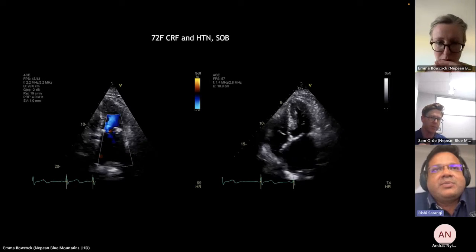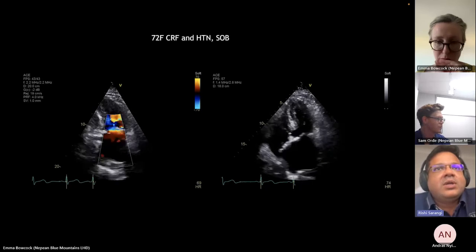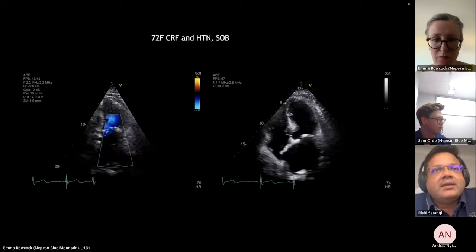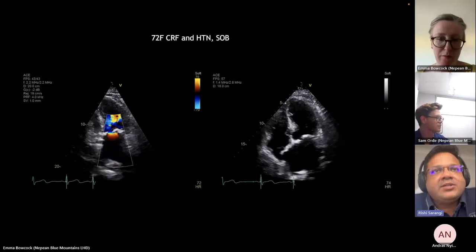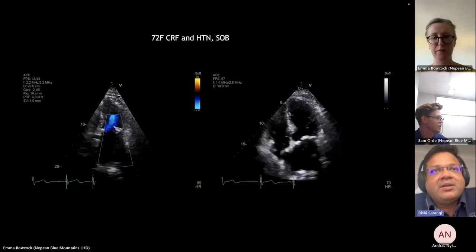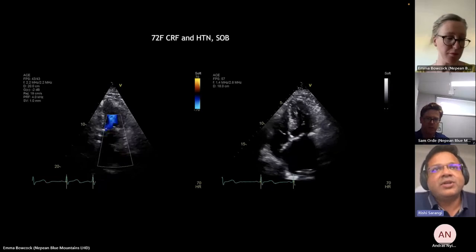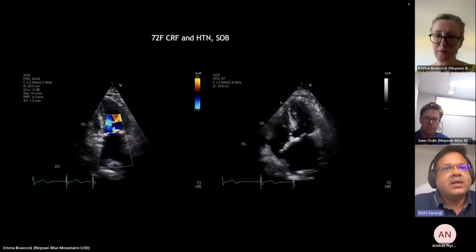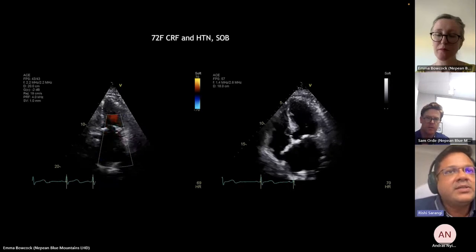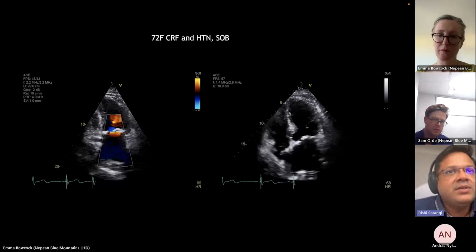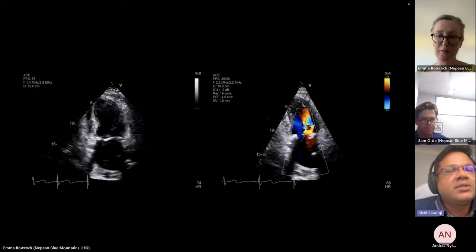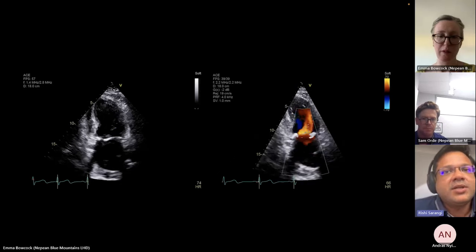Left ventricular function appears normal in this view visually. The right atrium and right ventricle do not appear enlarged. The right ventricular annular systolic motion appears normal. Rhythm wise, this patient appears to be in sinus rhythm at this stage, despite having a massively enlarged left atrium.